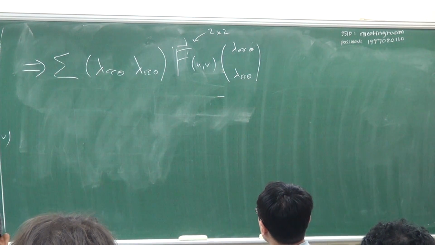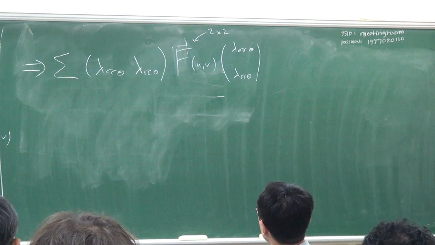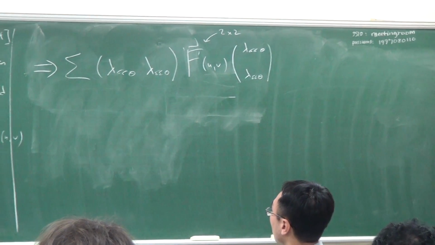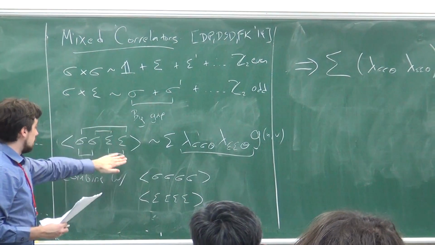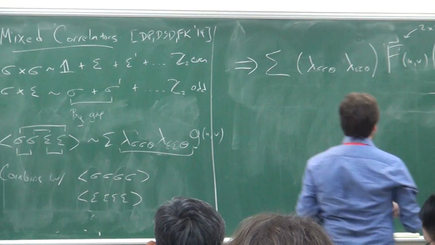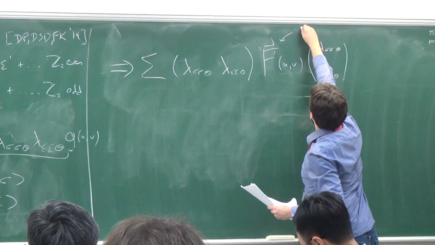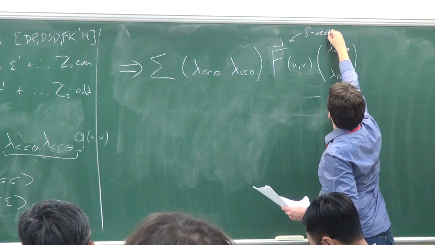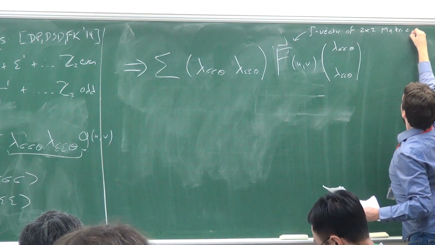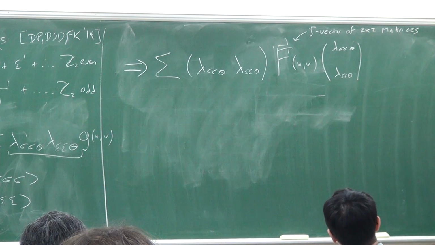And actually, there's not just one crossing relation, but if you count out all the different bootstrap conditions you get from the system of correlators, there are 5 crossing relations. So this is actually a 5-vector of 2x2 matrices.